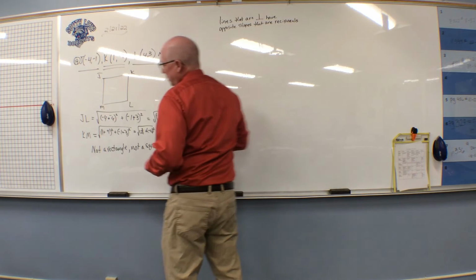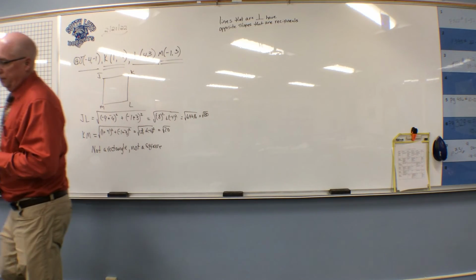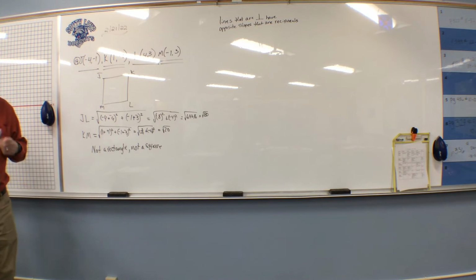In other words, if you multiply them together, you get a -1. Okay? You understand what I'm saying? So if I say one has a slope of 2, what's its opposite reciprocal? -1/2. Okay. All right.